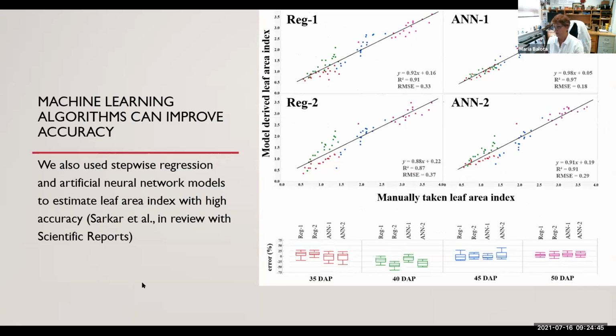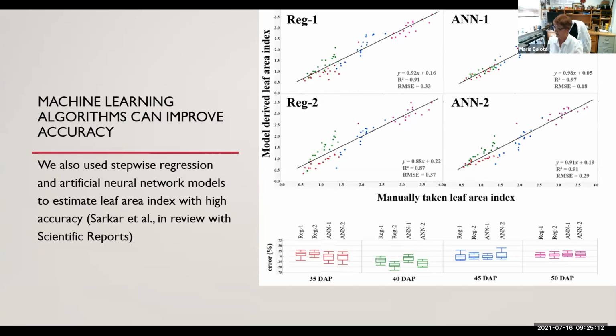Later, we wanted to use machine learning algorithms, knowing that they can improve the accuracy over stepwise regression. In this particular paper, a manuscript now in review, we used artificial neural network models to estimate leaf area index.